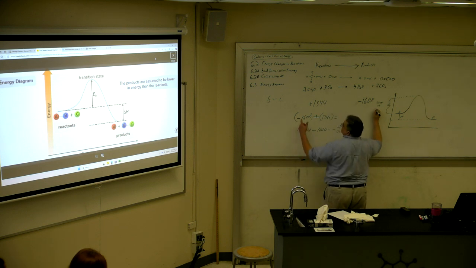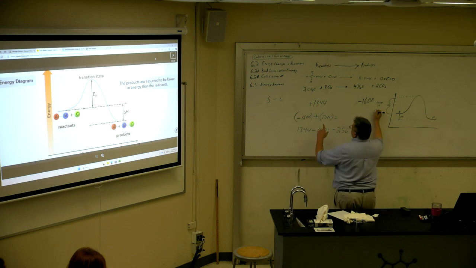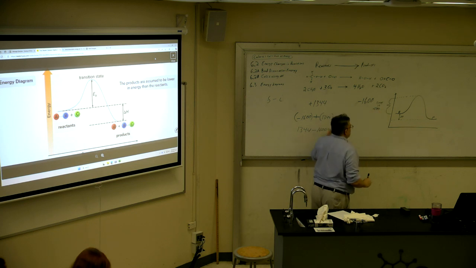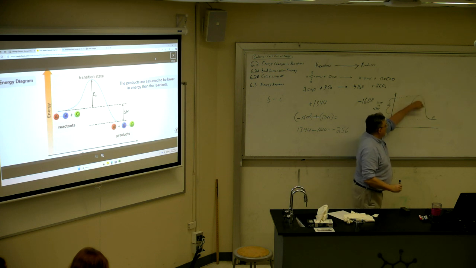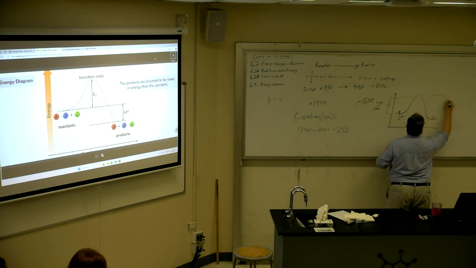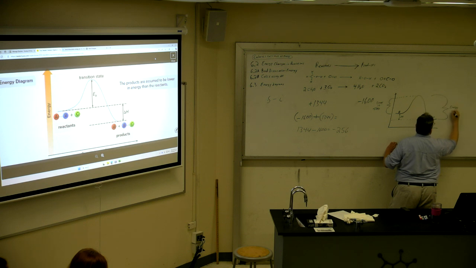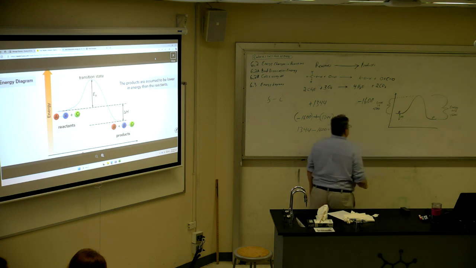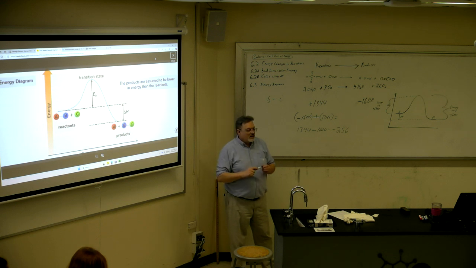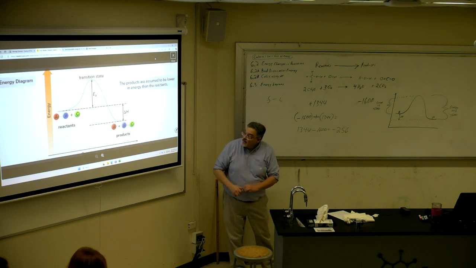In our case, energy going in, going up. And from here all the way down to here, I'll draw it over here, say negative 1600. Does that make sense, what I outlined there? And that's what they're doing here.